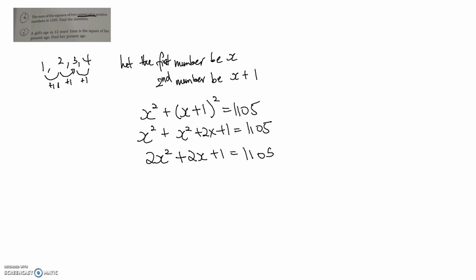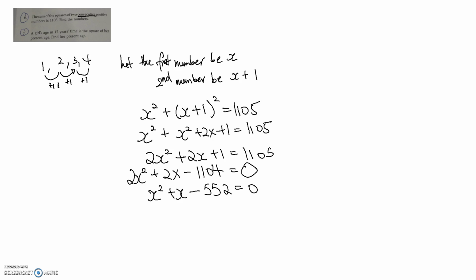We deduct 1105 from both sides: 2x squared plus 2x minus 1104 equals 0. Since all these are even numbers, we divide throughout by 2. So it's x squared plus x minus 552 equals 0.